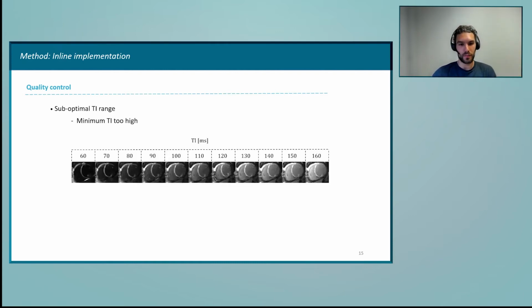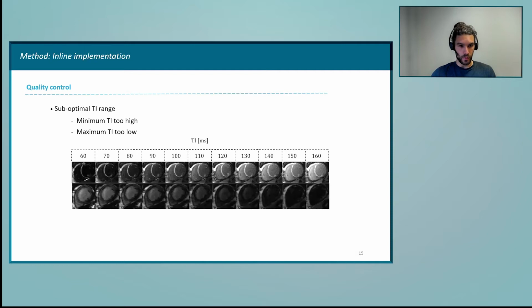So this is an example where the selected TI would be the one at 60 milliseconds, but maybe if we had chosen 50 or a smaller one, we could have reached a better solution. And it would be nice to redo an acquisition before selecting this TI as the optimal one.